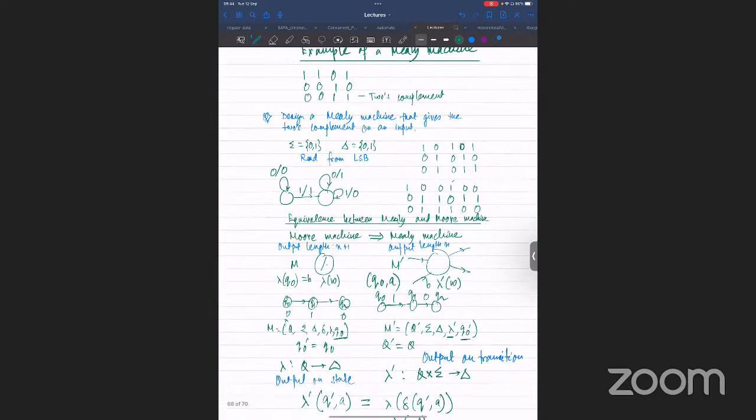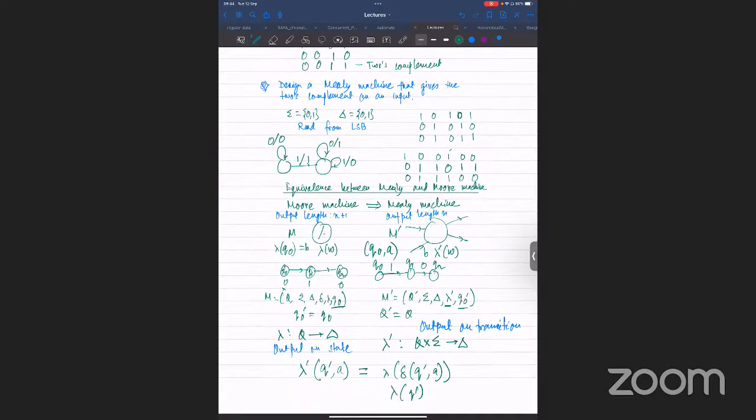And so we did this thing. For example, lambda is the output function for the Moore machine, and we are talking about how you get the output function for the Mealy machine on the transitions. Delta was the output alphabet, and lambda is a function from the state to the output alphabet for the Moore machine.